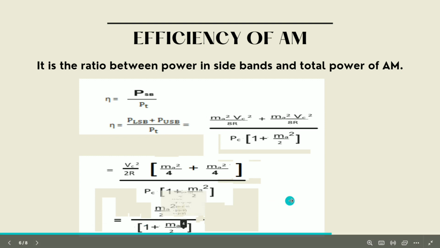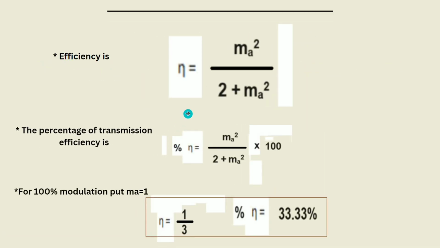Again taking an LCM and simplifying, the final expression for efficiency is eta equal to Ma squared divided by 2 plus Ma squared. In terms of percent, multiply this expression by 100 to get the transmission efficiency of an AM system in percentage.